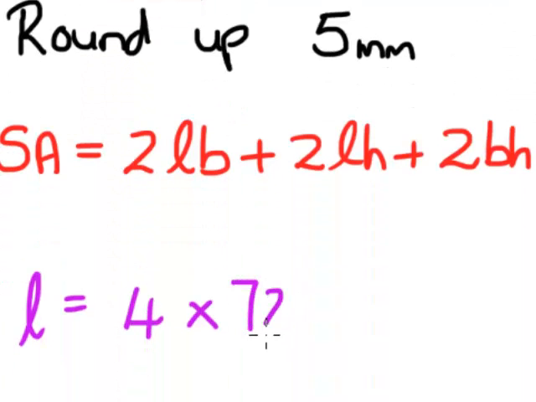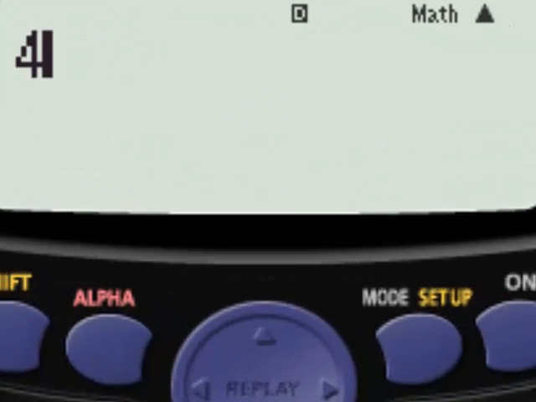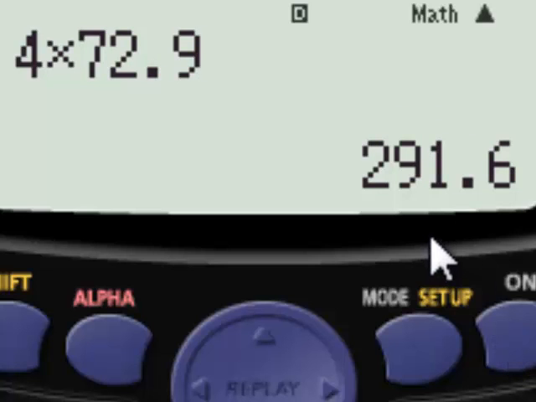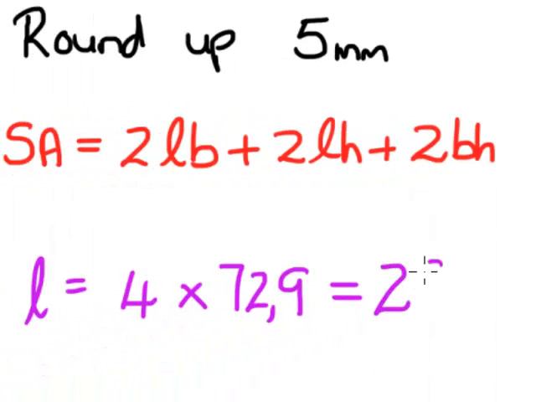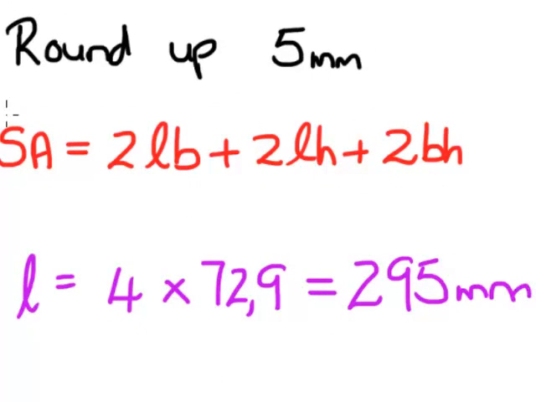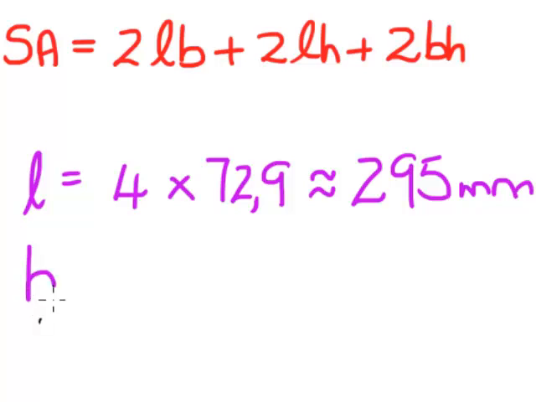So 4 times 72,9. Let's do that on the calculator. And remember, we said we want to round it up to the nearest 5 millimeters. We're going to go up to 295. So this is going to be 295 millimeters. Strictly speaking, this over here should be an approximately equal sign, but these are what we're going to use in our calculation.